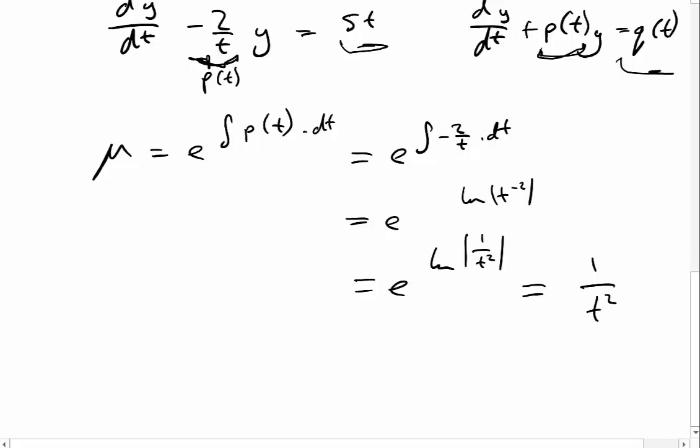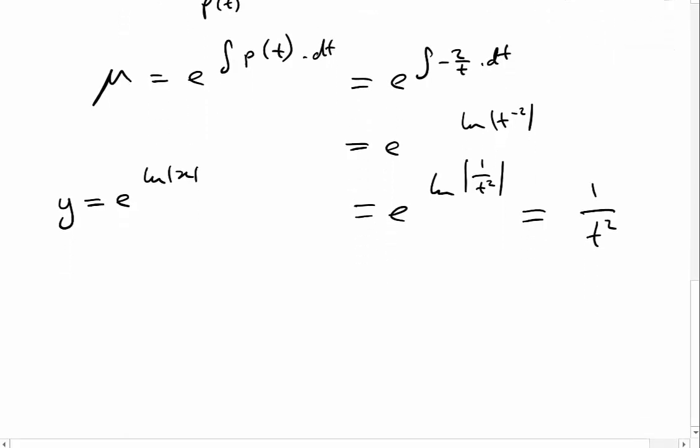And I can prove that to you relatively simply. If I say y equals e to the natural logarithm of x, then natural logarithm of y, I'm just rewriting this, is equal to the power up here, natural logarithm of x.